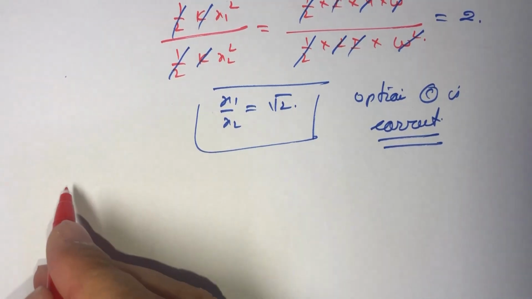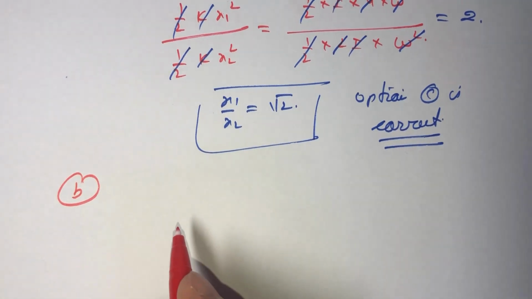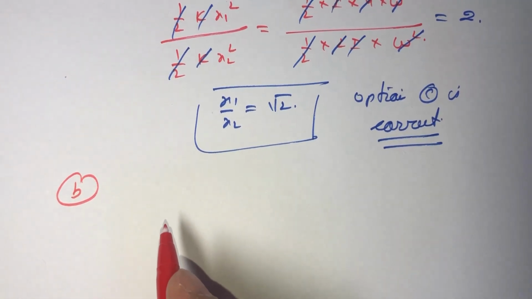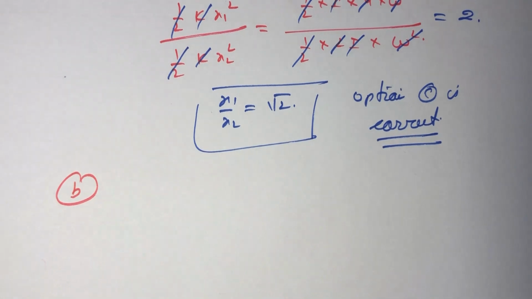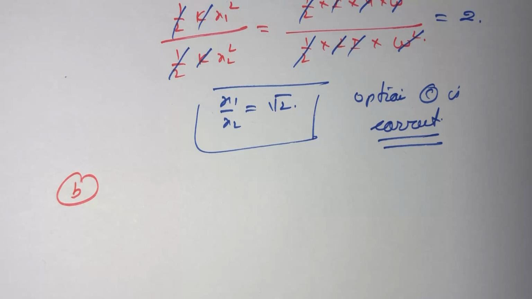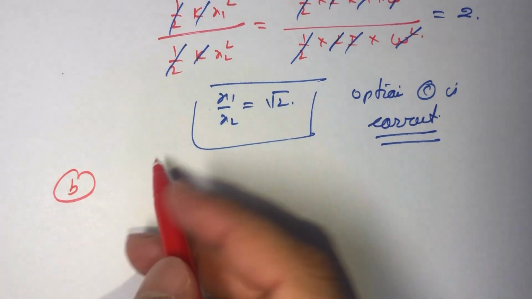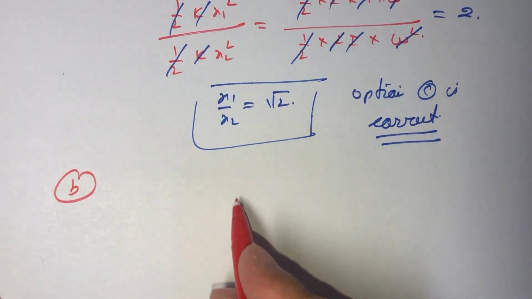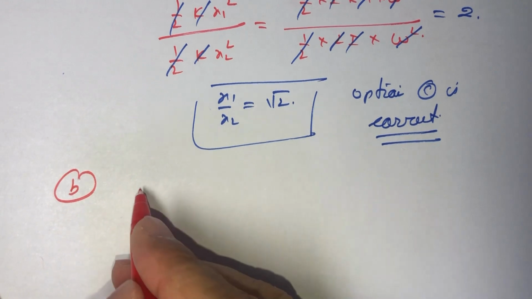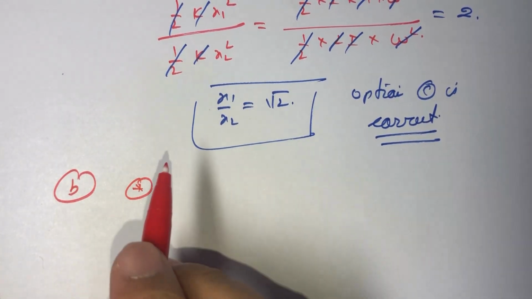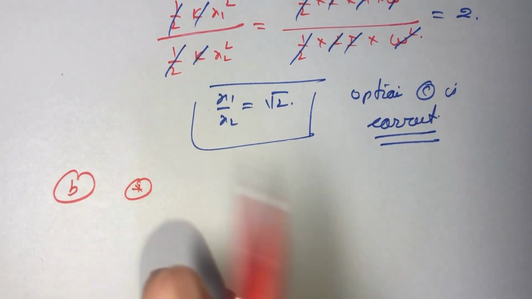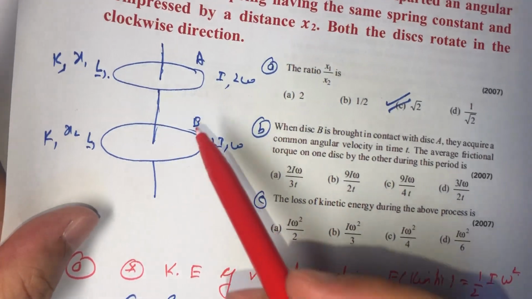So we solve for part B, and in part B we are going to find out the initial angular momentum and final angular momentum, and then equate them and solve for the average frictional torque.